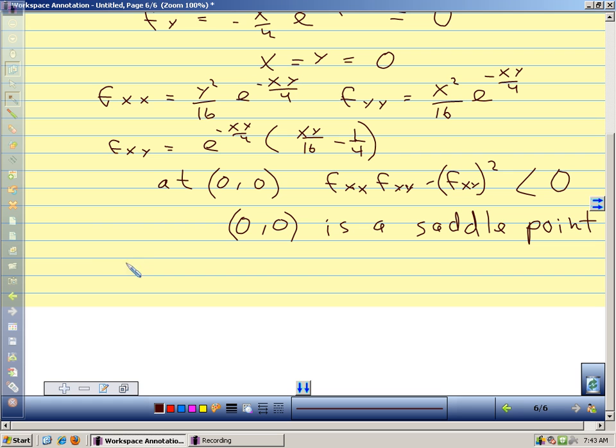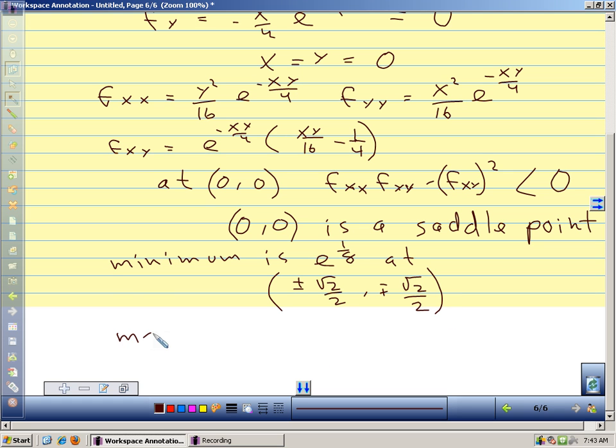So our minimum is e to the minus 1/8 at plus or minus square root of 2 over 2, minus plus square root of 2 over 2.